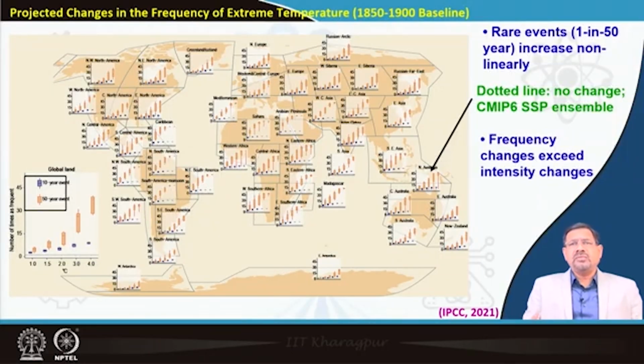So, this kind of regional analysis is extremely important. We see that rare events, that means 1 in 50 years, increase non-linearly. The dotted lines show no change. CMIP6 stands for Coupled Model Intercomparison Project Phase 6, and SSP stands for Shared Socioeconomic Pathways ensembles. The frequency changes exceed the intensity changes.